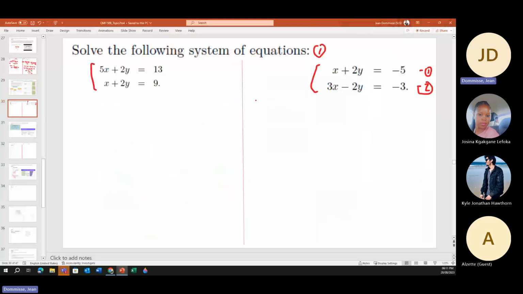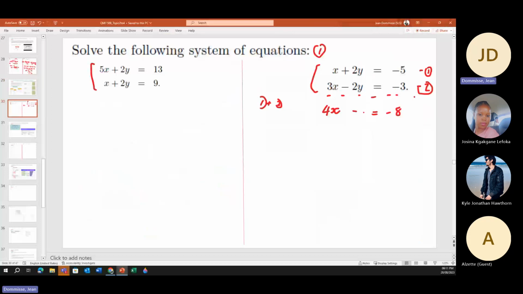So I can say, well, let's add formula 1 and formula 2 together. What I get is 4x. Minus 2y plus 2y is 0, so that disappears. And then minus 5 plus minus 3 is minus 8.